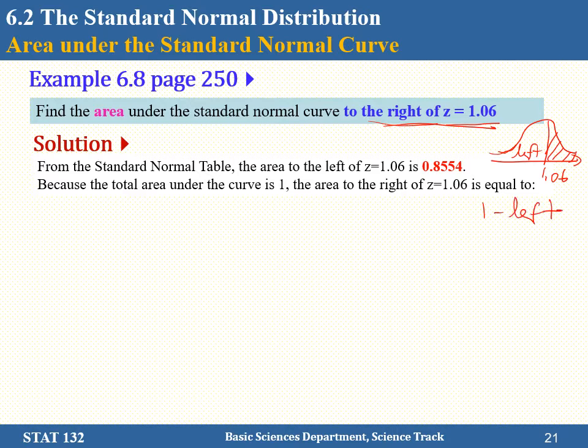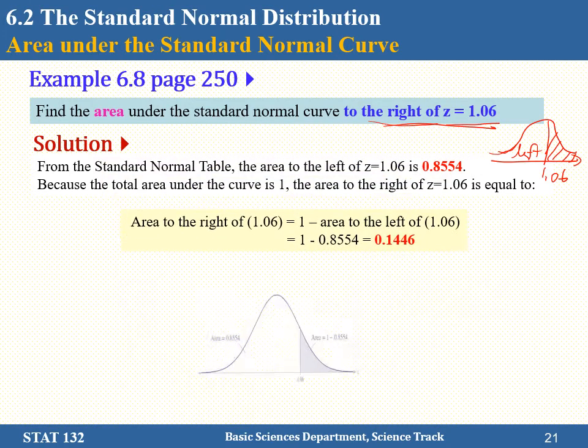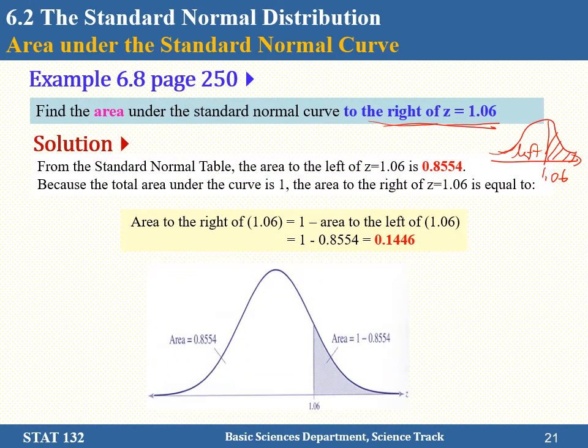So from the table, we have to find the left part now. The area to the right is, as you see here, it's asking for this part, but the table gives this part, so you find it from the table.